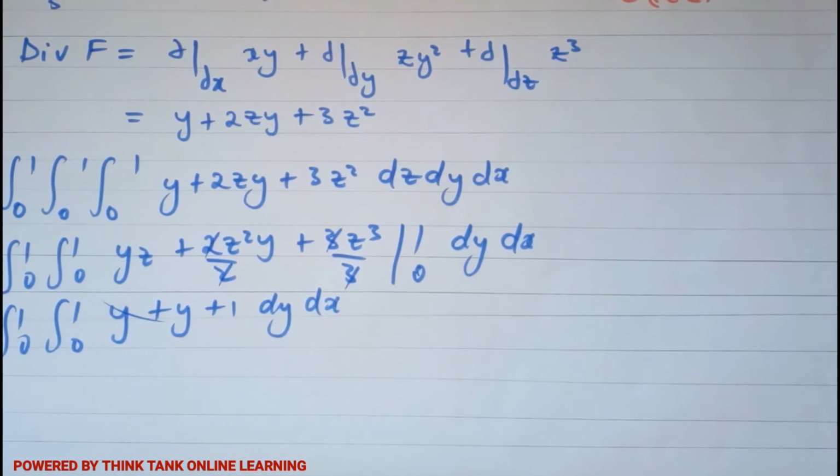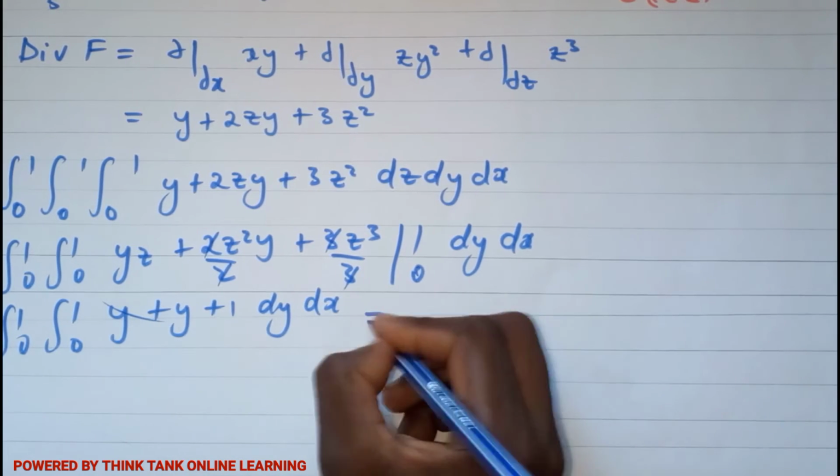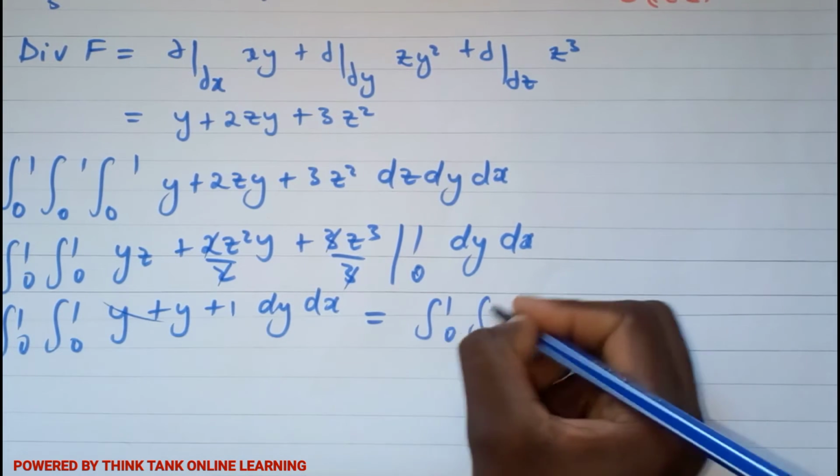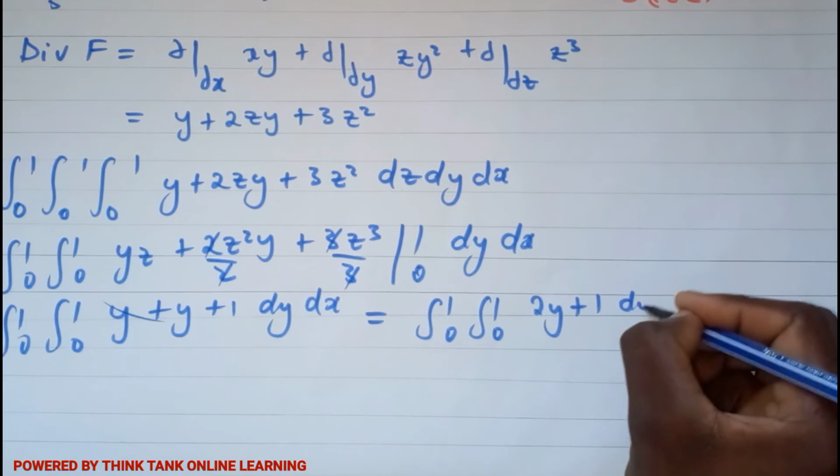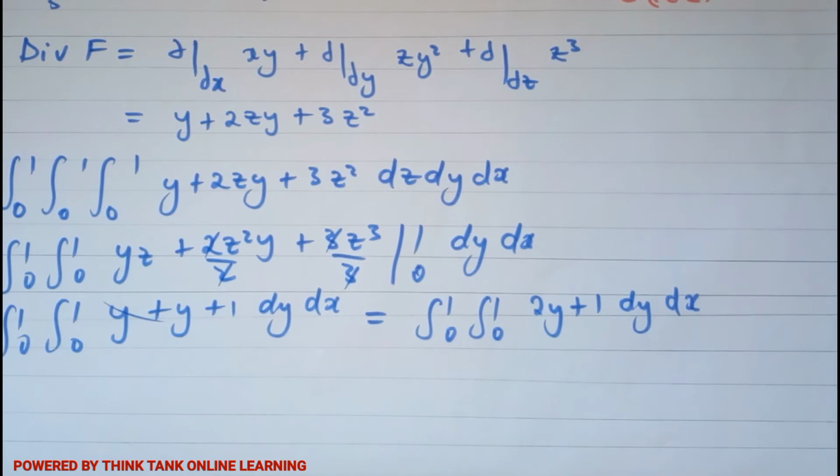This is the same as saying the integral from 0 to 1 of the integral from 0 to 1 of 2y plus 1, dy dx. Now I want to integrate here.